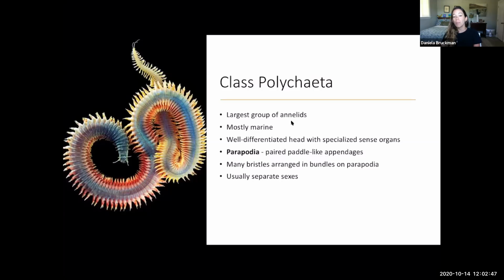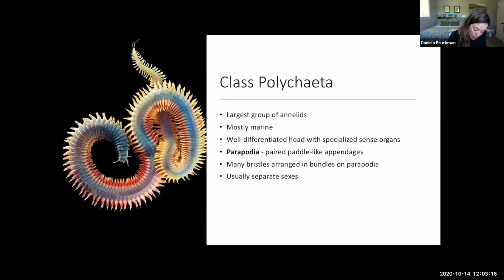The polychaete worms have well-differentiated heads with specialized sense organs. You can see on this one it's got these tentacle-like things that it uses to sense stuff. Some of them have eyes and other structures that they use to sense their environment. The polychaete worms also have special structures called parapodia, which are paired paddle-like appendages, and you can see them here.